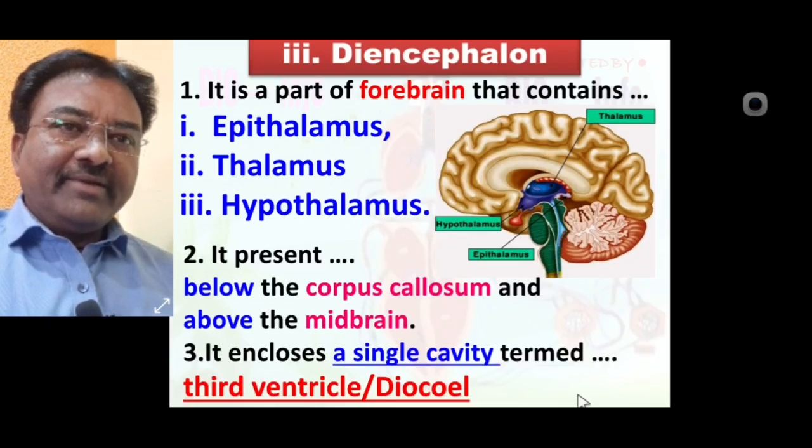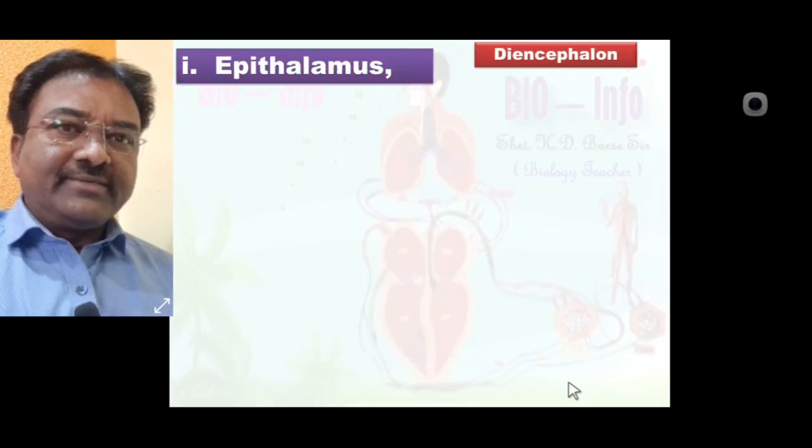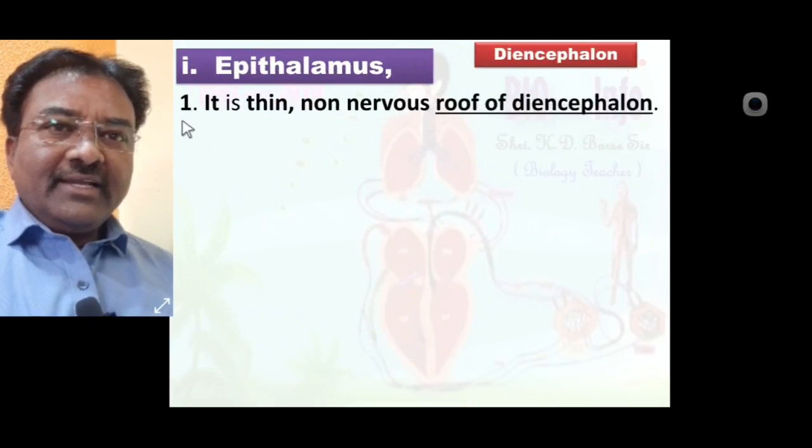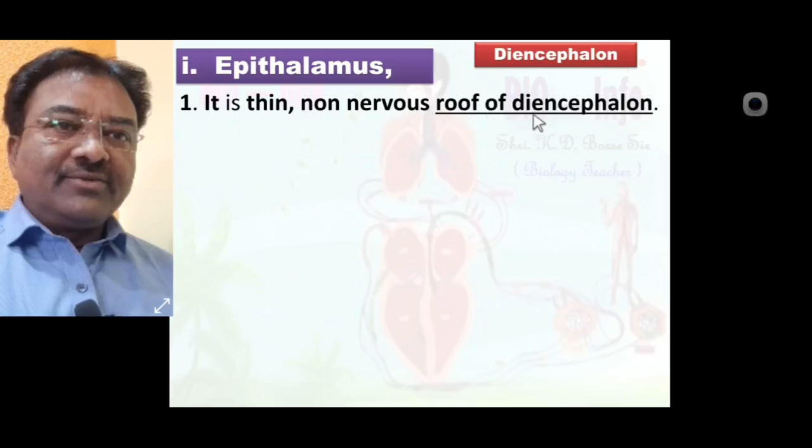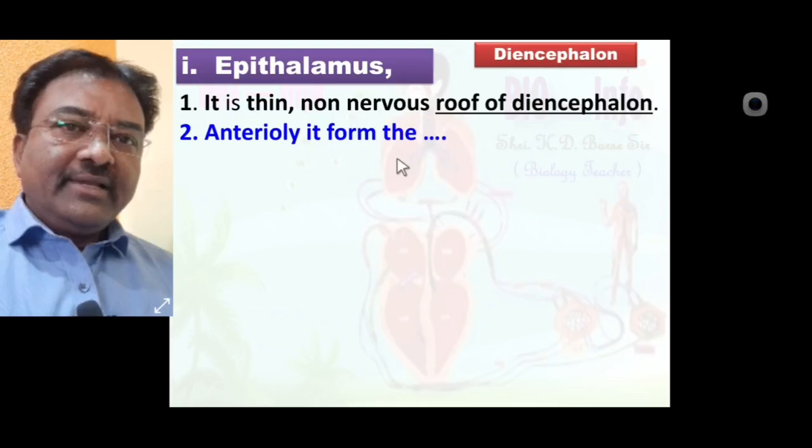We learn one by one the epithalamus, thalamus and hypothalamus parts of diencephalon. First one is epithalamus. It is the thin non-nervous roof of the diencephalon.